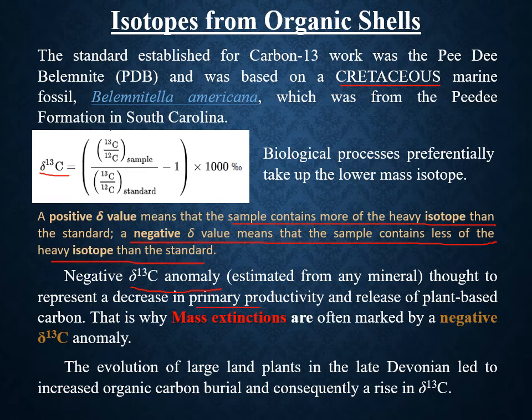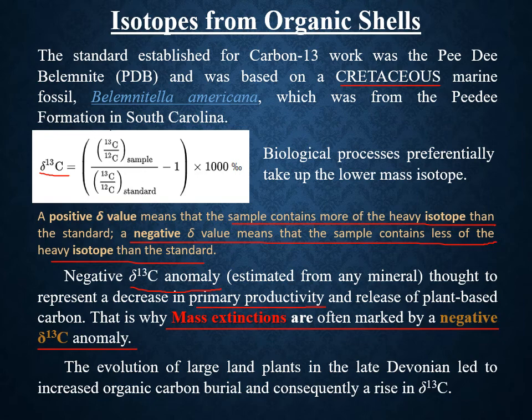That is why during mass extinction negative del 13C is found, that is enriched with the lighter isotope of carbon, because all the plants are hardly affected, so there is no fractionation of carbon isotopes occurring in the environment.